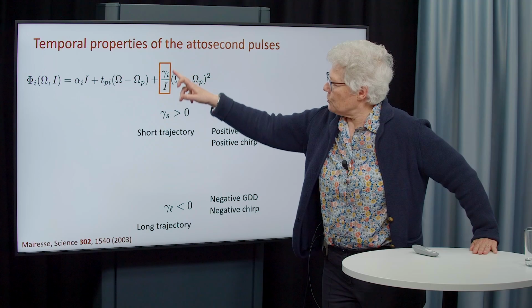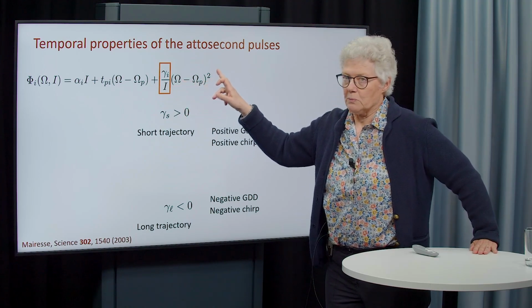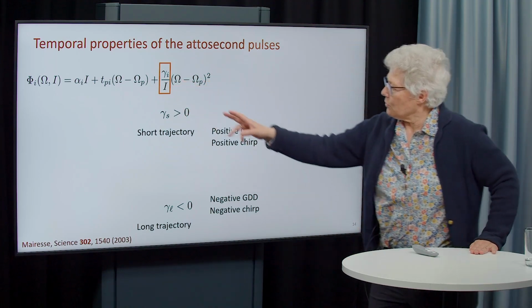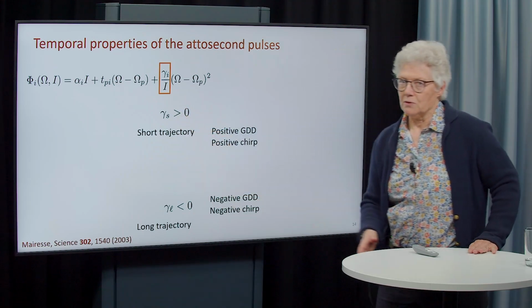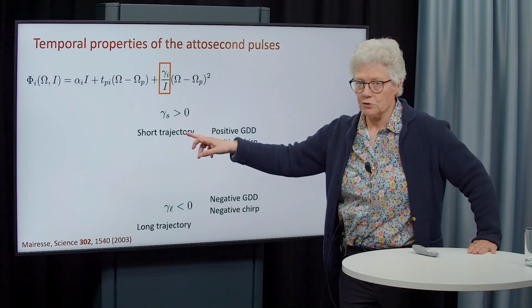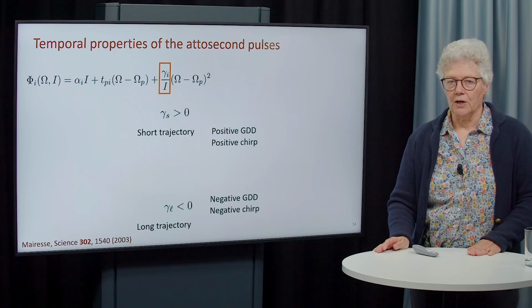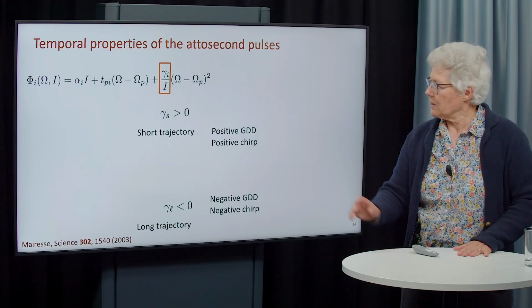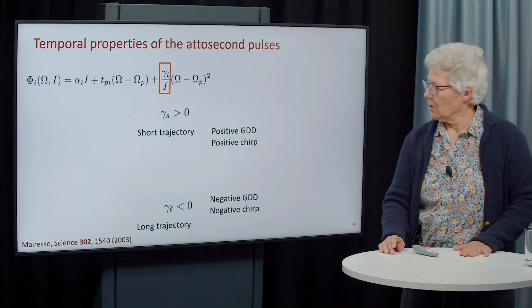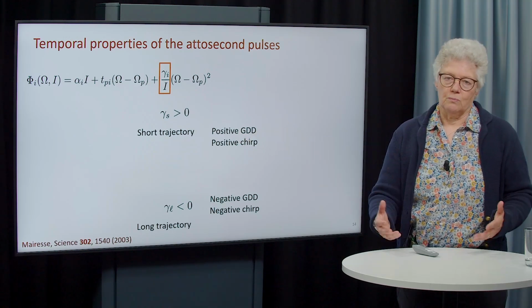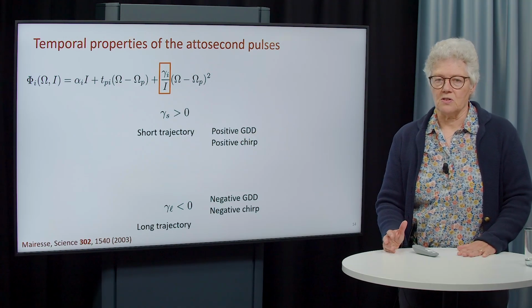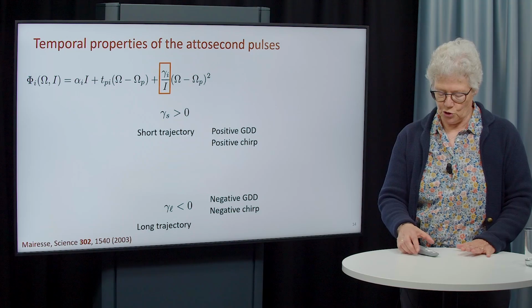Let's look at the coefficient of omega minus omega p squared. You have a different variation depending on whether it's a short trajectory or a long trajectory. In the case of a short trajectory, gamma s is positive. This means that the GDD of the attosecond pulses is positive. There is a positive chirp.